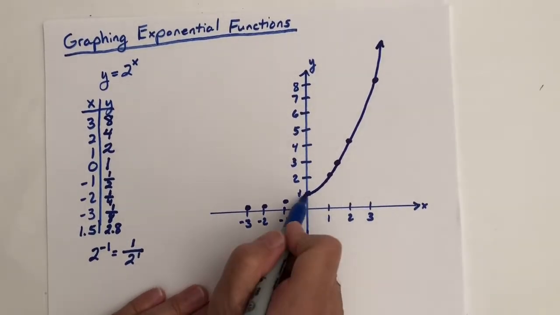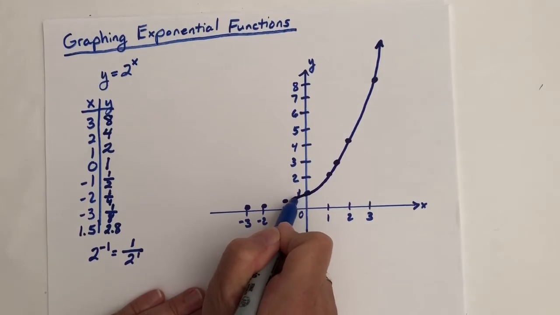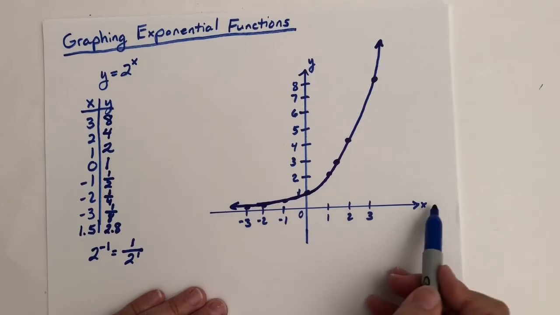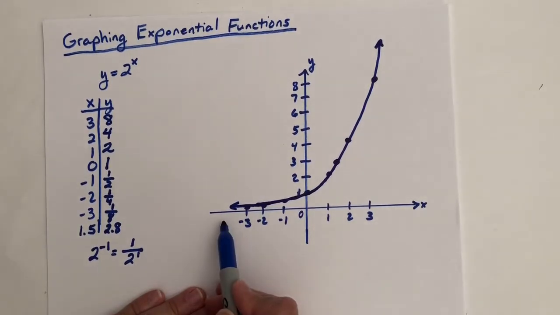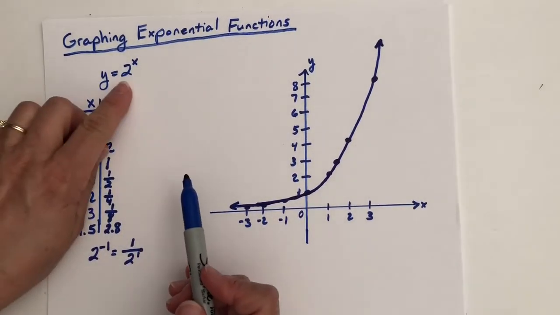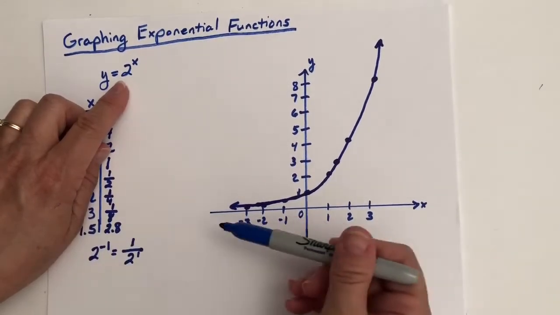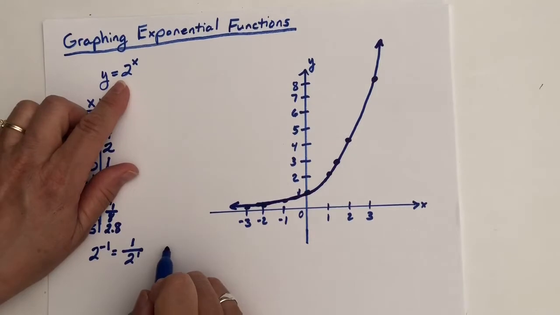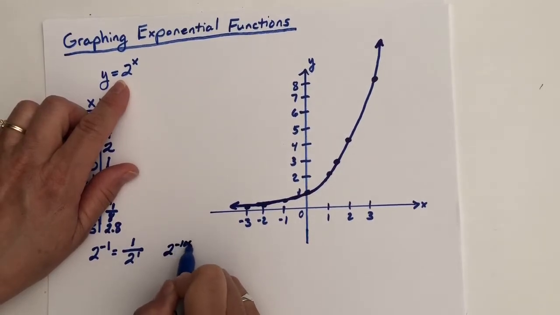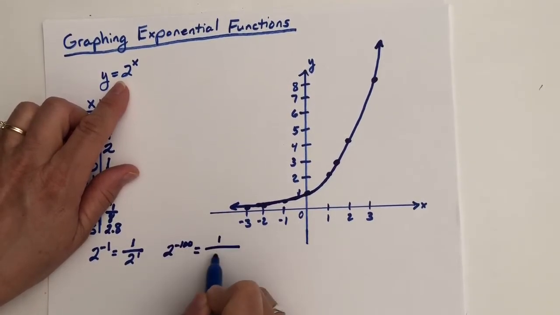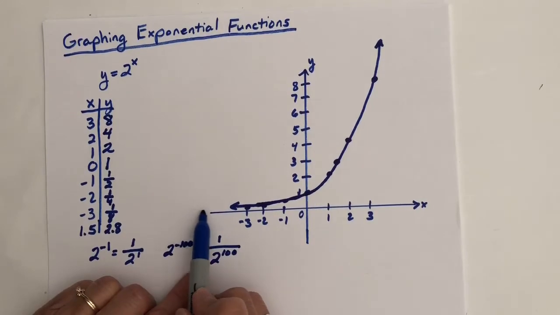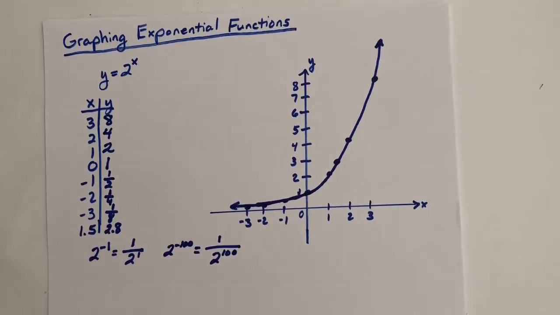And over here, it's coming down toward the x-axis, but notice it will never cross this x-axis, because even if we put a very small number in, like negative 100, 2 to the negative 100 is still a positive value. It's very, very small. It's close to 0, but it's still positive. So this will never actually cross the x-axis.